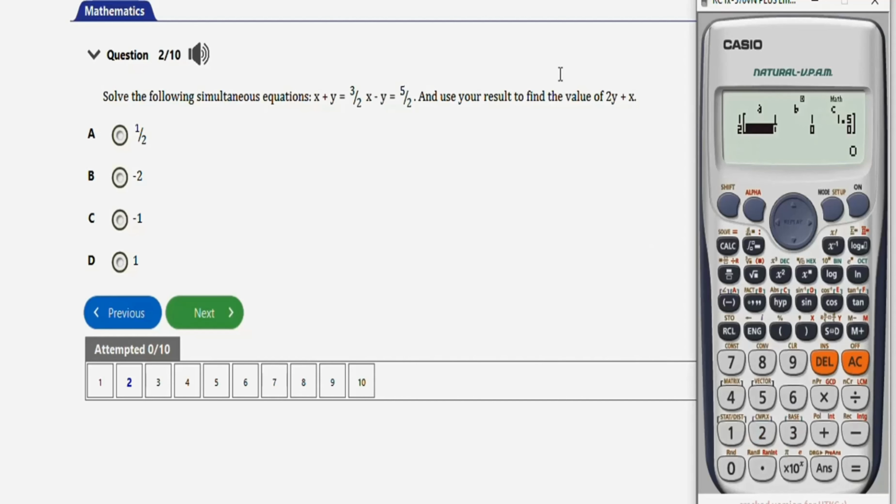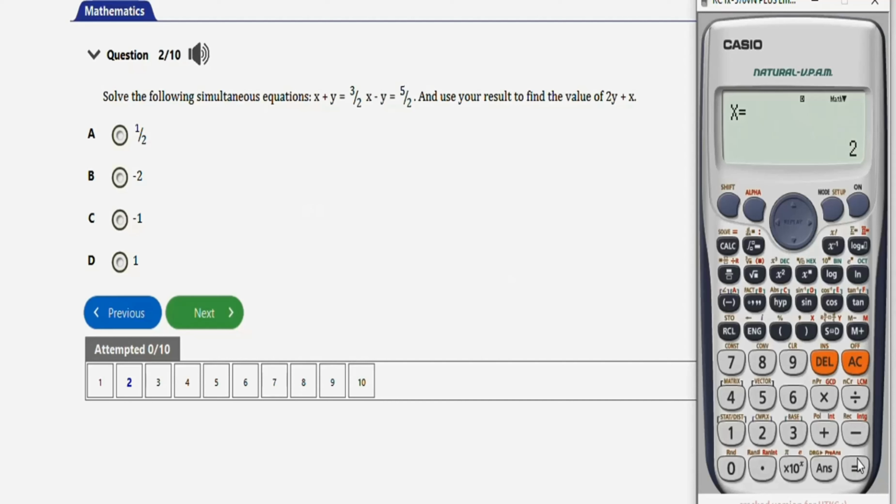Then for the second equation, the coefficient of x is also 1, and the coefficient of y is minus 1. Then we have the constant 5 divided by 2. So that's it. Let's press equals to get our x and y respectively.